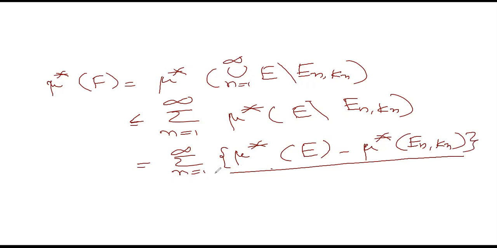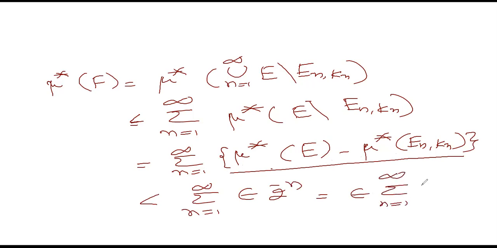Okay, now μ*(E \ Kn) is less than epsilon times 2^(-n). So this is less than the summation, n runs from 1 to infinity, of epsilon times 2^(-n), which is epsilon times the summation of 2^(-n), and that series is equal to 1, so it's equal to epsilon.